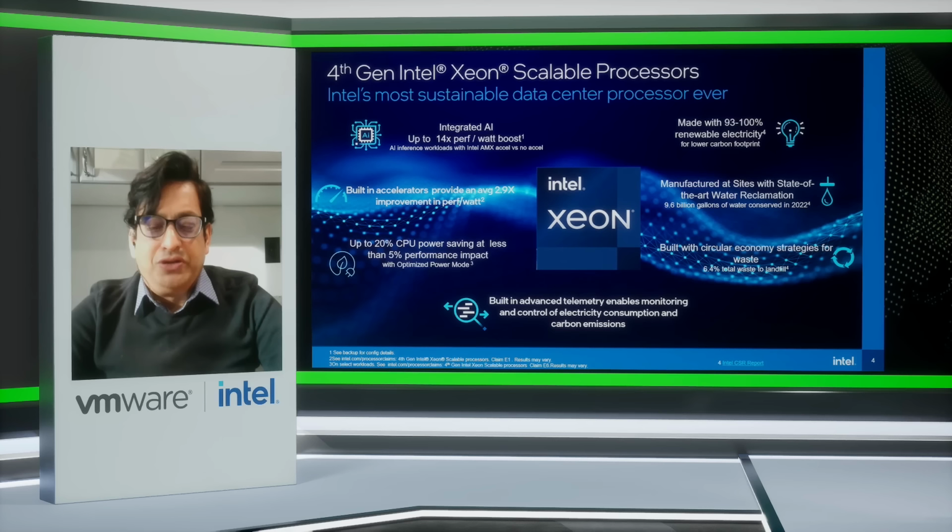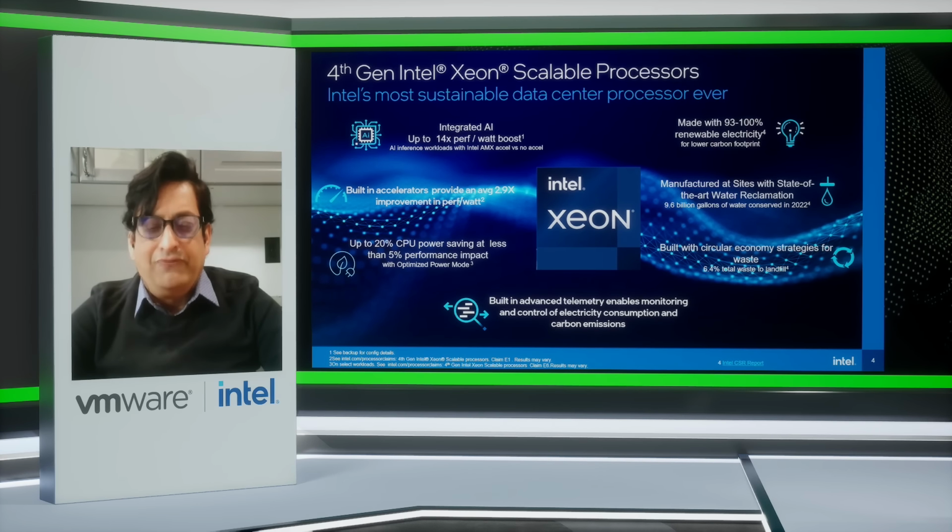So recently we introduced our 4th Gen Xeon Scalable processor. It's our most sustainable data center processor yet. With this processor, we are able to get 14x performance per watt boost on AI inference workload. We also have a ton of built-in accelerators like QAT, data streaming accelerator, all of this resulting in 2.9x performance improvement in performance per watt.